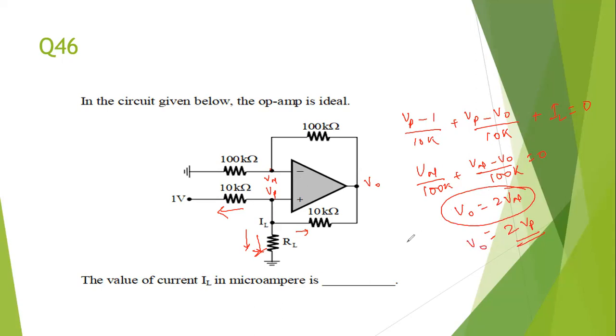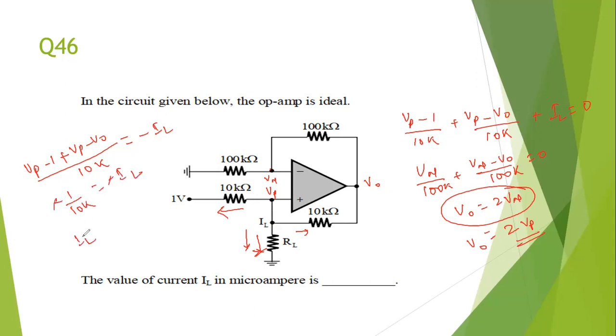Just put here, and after putting, you will get (Vp minus 1) plus (Vp minus V naught) by 10k is equal to minus IL. So V naught equal to 2 Vp, and this is minus 1 by 10k is equal to minus IL.